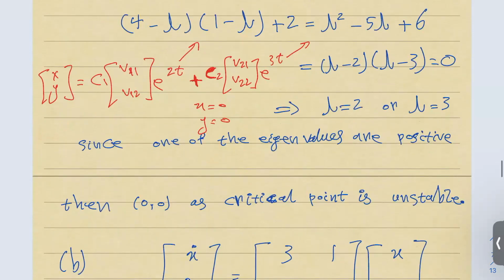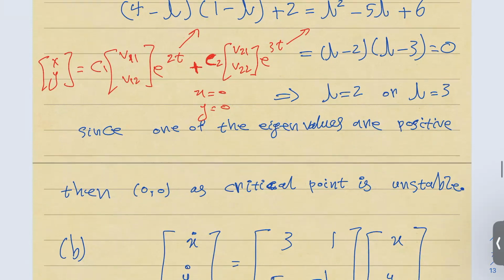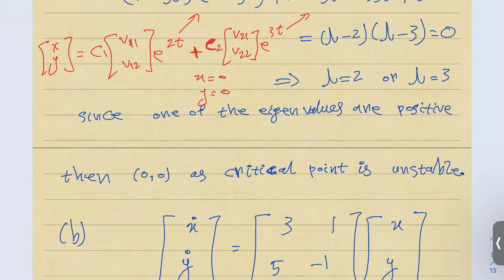That's why if these were negative, -3 and -2, for whatever t they could be, they would converge to x equals 0 and y equals 0. So what's the criteria? At least one of the eigenvalues is positive, then the critical point is unstable.